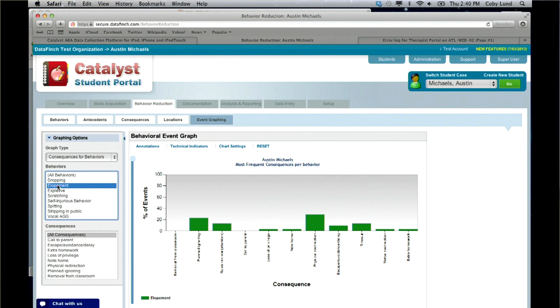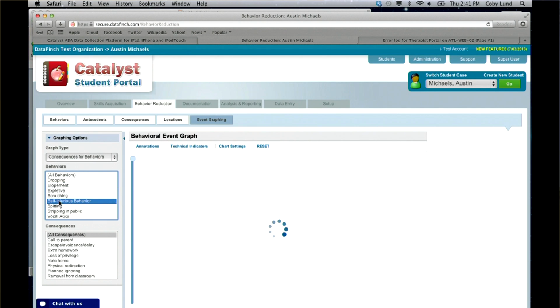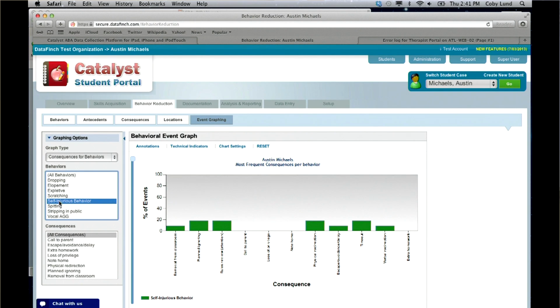Identifying these consequences can help you derive hypotheses about function. And as you look at each particular behavior, you may need to design different intervention strategies for each one. They may serve different functions. So if I look at self-injurious behavior, certainly physical redirection is also a commonly occurring consequence for that one.